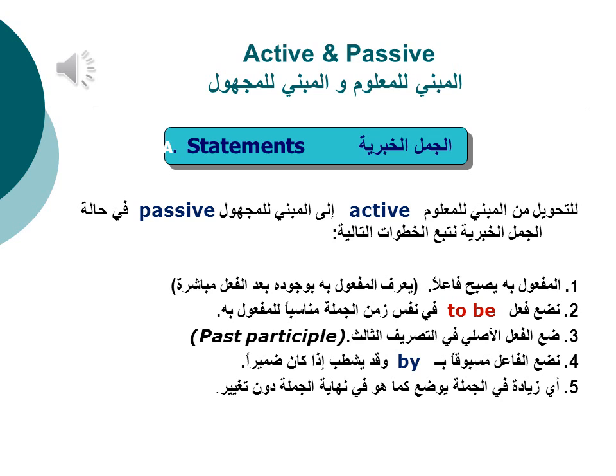Notice that in Arabic we do not use verb to be forms to change active voice into passive. English language, however, uses the verb to be form to change an active sentence into passive.